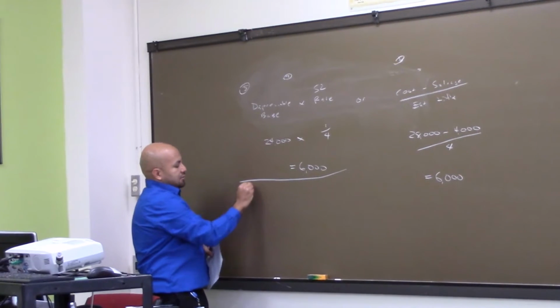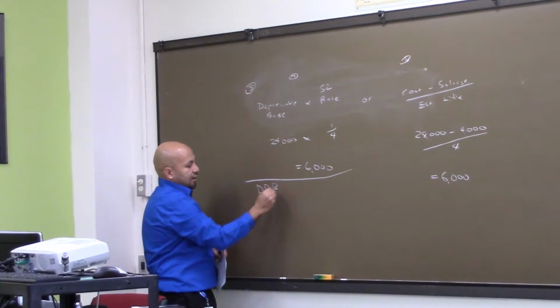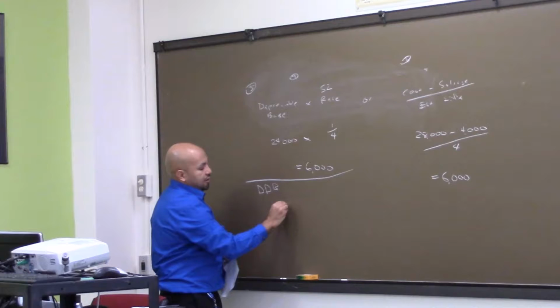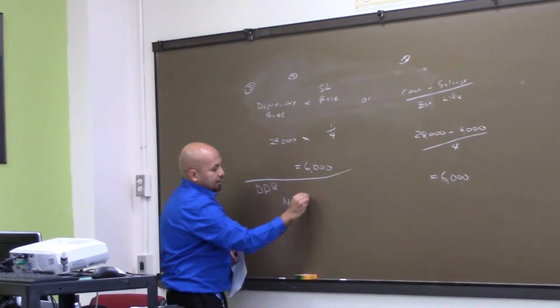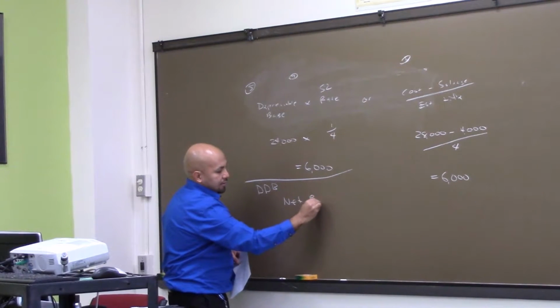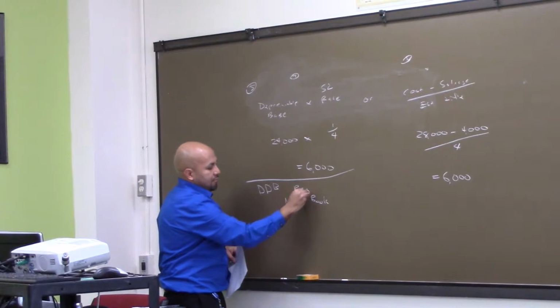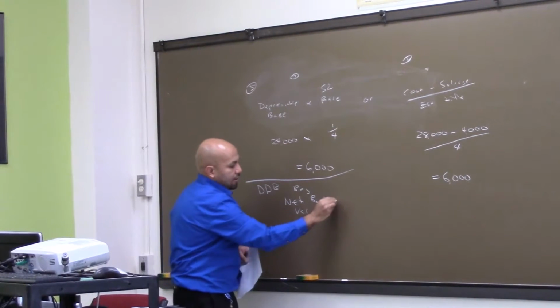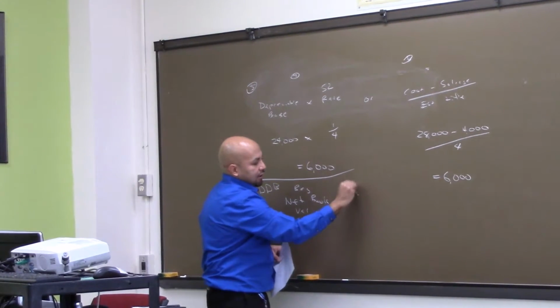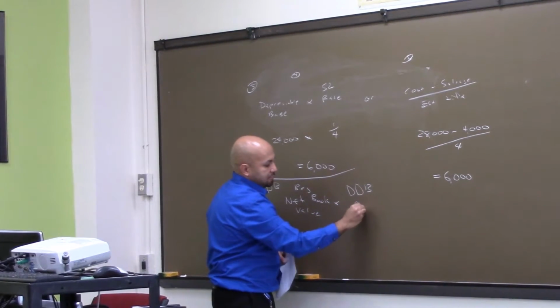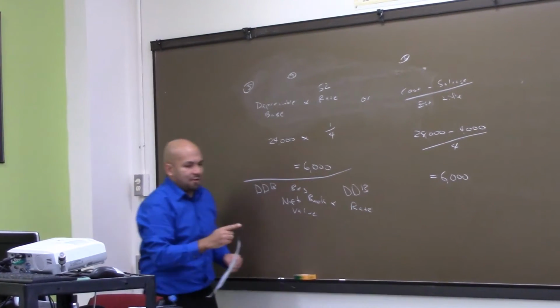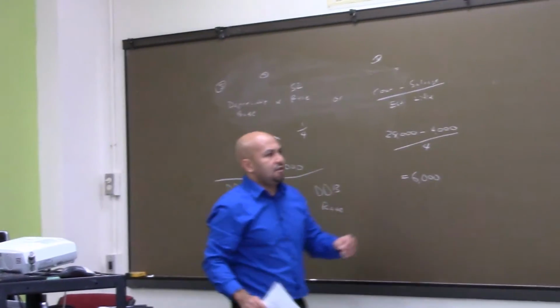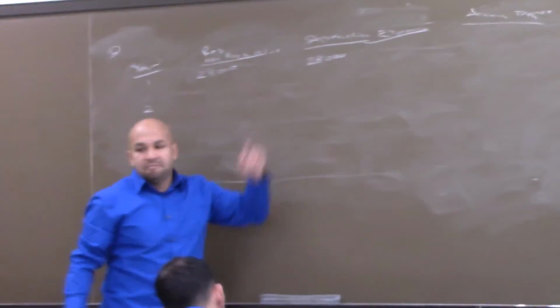And I'm going to do it over here. Double declining balance. The equation is beginning net book value times double declining balance rate. So remember that. That's the equation we're going to be using in this column.